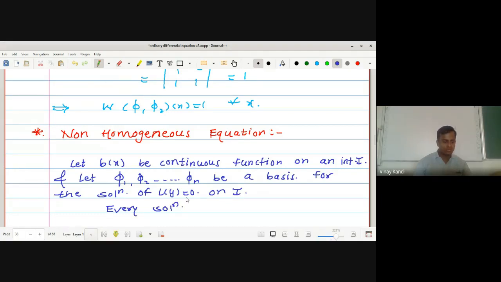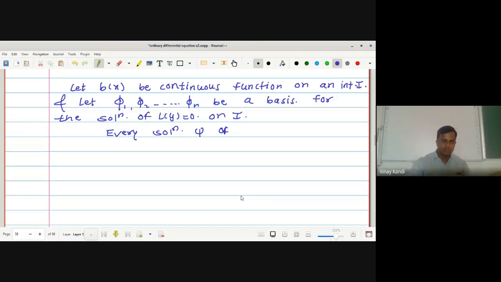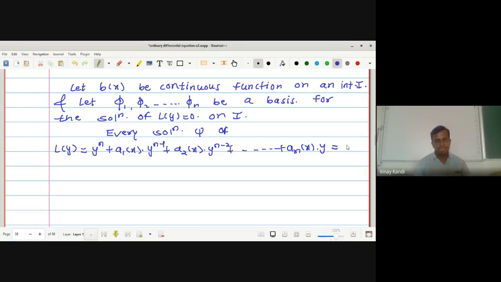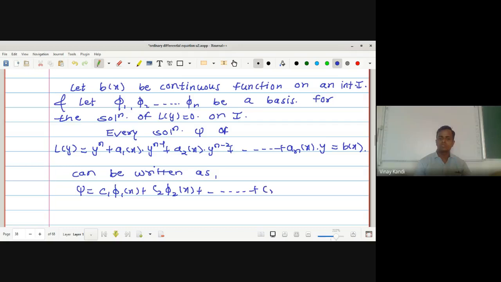every solution psi of L of y, which is y raised to n plus a1 of x into y raised to n minus 1 plus a2 of x into y raised to n minus 2 plus up to so on an of x into y, equal to b of x, can be written as psi is equal to c1 phi 1 of x plus c2 phi 2 of x plus up to cn phi n of x, the complementary function, plus psi p.